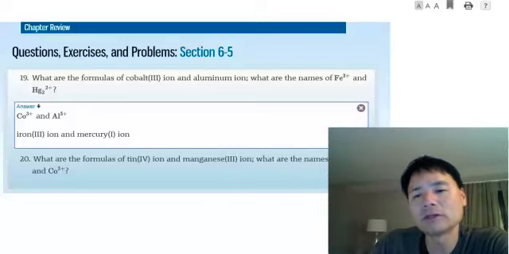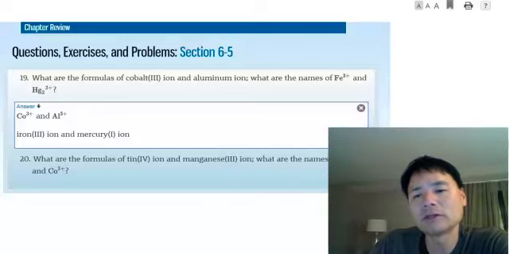Okay, let's move on here. Next page, here we go, 21. What are the formulas of nickel-3 oxide? So we got nickel with a 3+ charge, and then oxide with a 2- charge. And so to balance this out, we're going to need 3 oxides and 2 nickels. So it'd be Ni2O3.